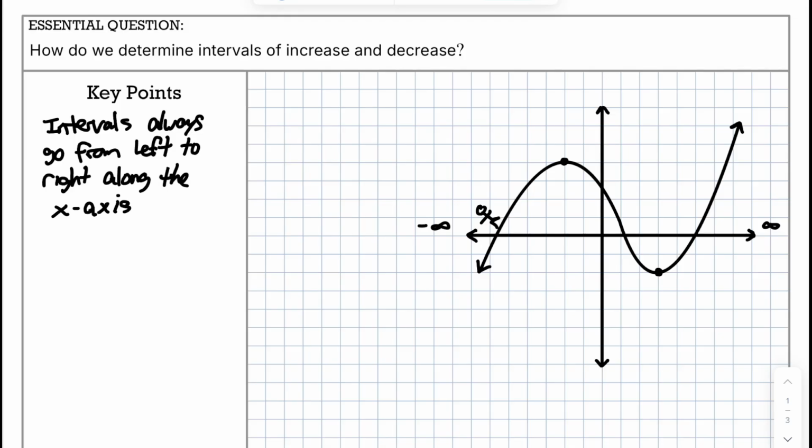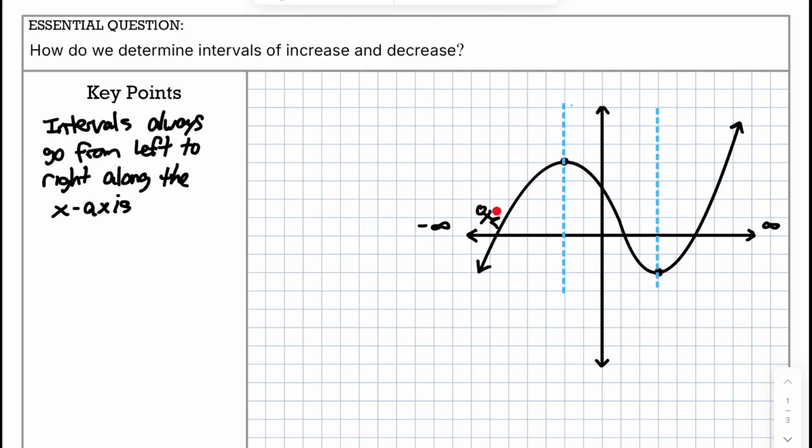So what I like to do, and students don't always listen to me on this, but it is helpful if you put these in there. So we're going to put dashed lines through the high point and the low point. So there's a peak here, and there's a valley here.